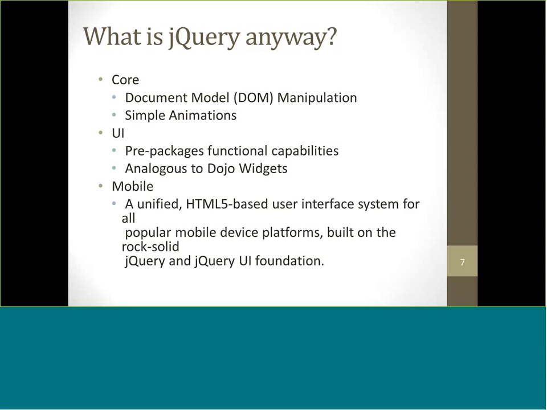There is a UI package which has some pre-packaged functional things like date pickers, sliders, accordions. It's very analogous to the widgets that come out of the Dojo packet. So it's not necessarily just a core, do something. It's more of an encapsulated little capability almost.